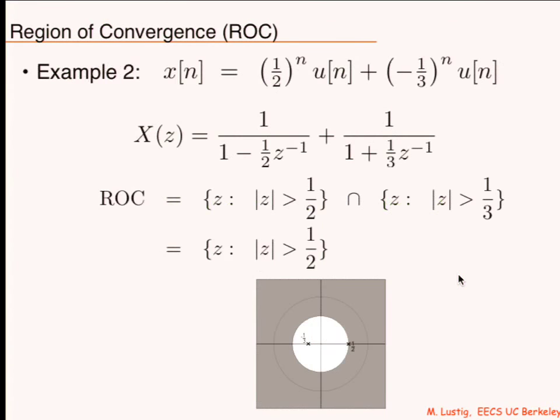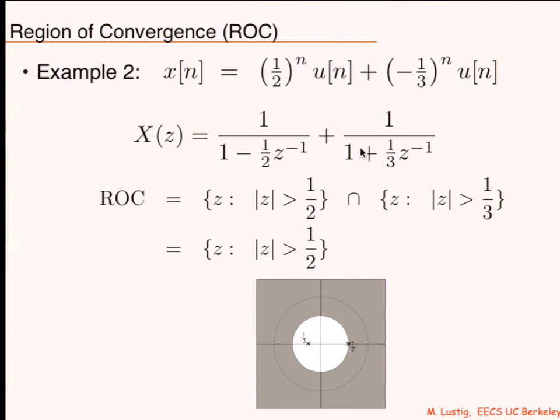Let's look at another example of a region of convergence. Now I have a right-handed series with one half to the power of n, and another one with minus one third to the power of n. I can do the trick that I did before and compute these geometric sums, and I get these equations.